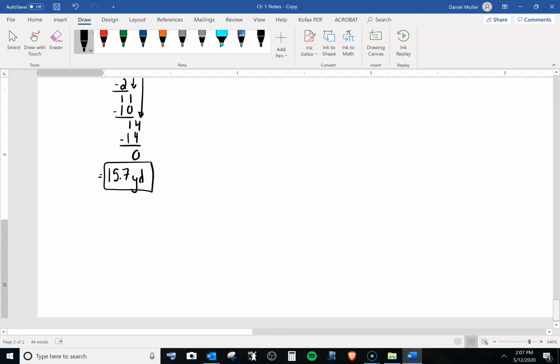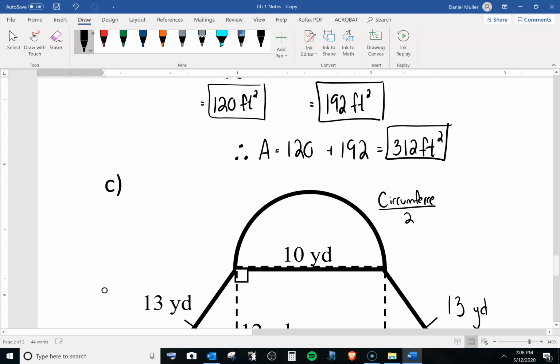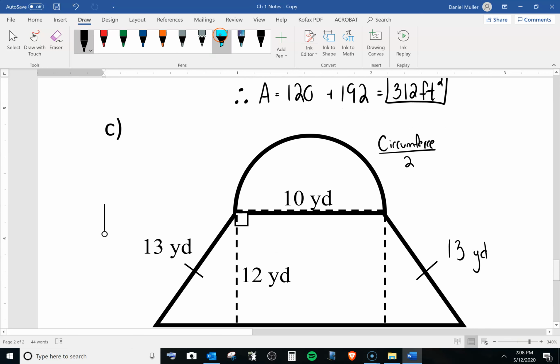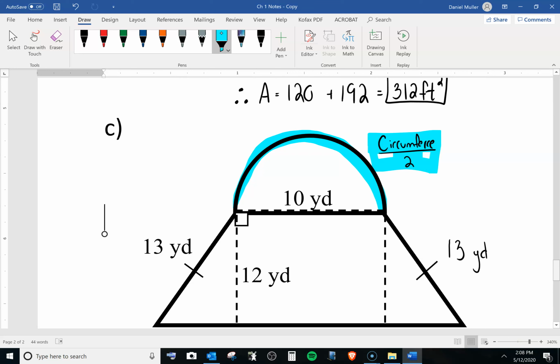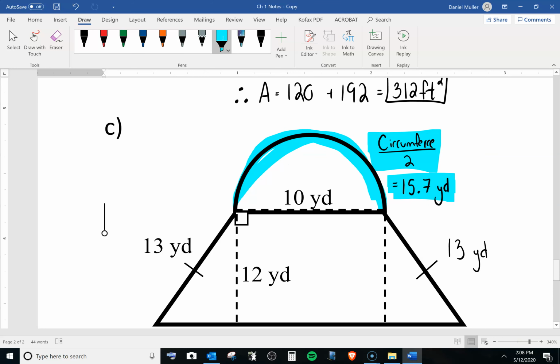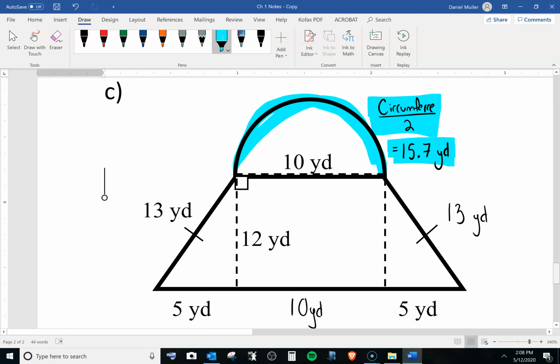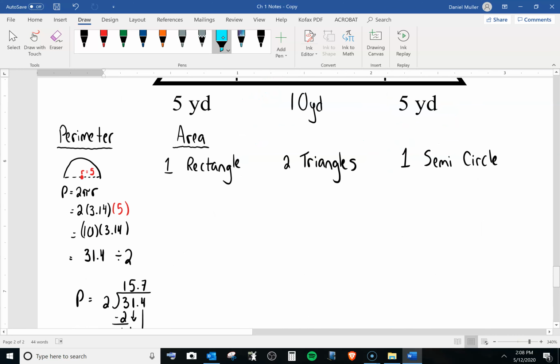So my perimeter, therefore, whoops, hate when that does that. Well, now that I'm here, this circumference is the circumference of a circle cut in half. And we found that to be 15.7 yards. So for the perimeter of everything, we have 15.7, we have 2 13s, and then a 5, 10, 5.